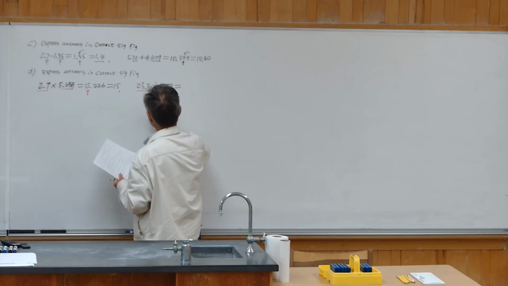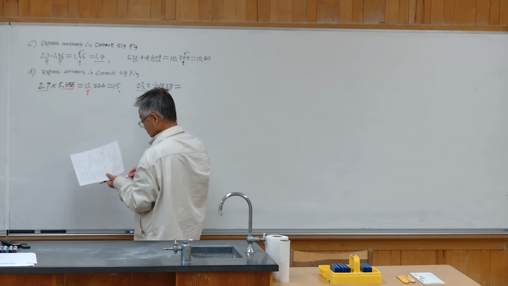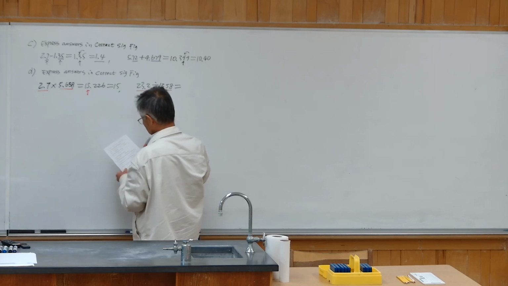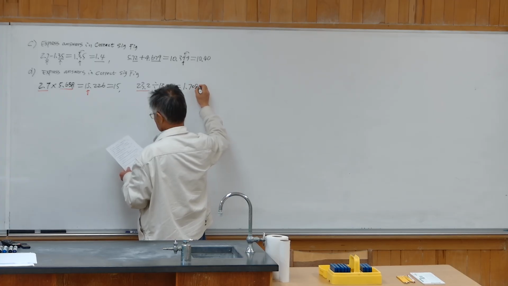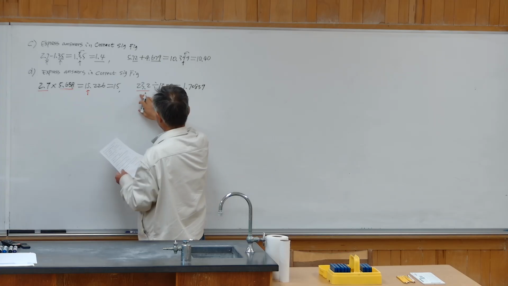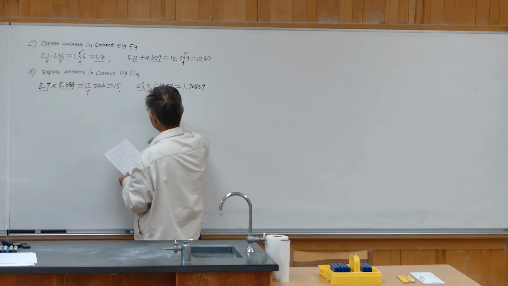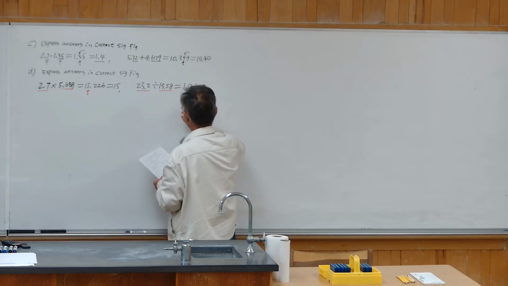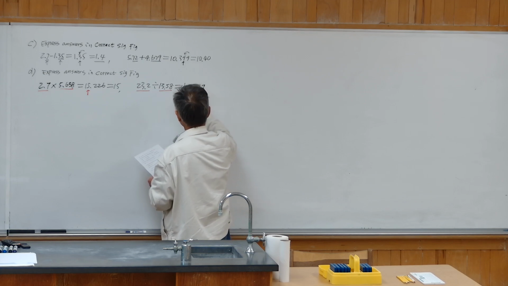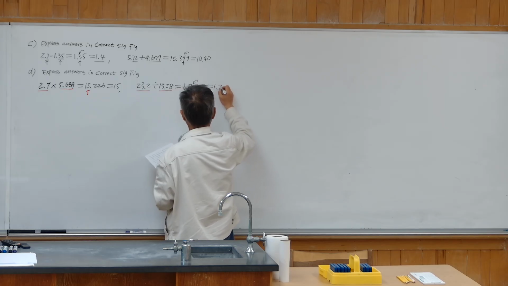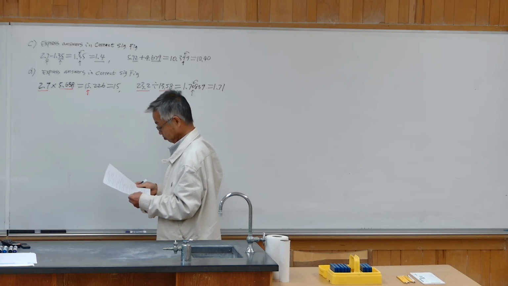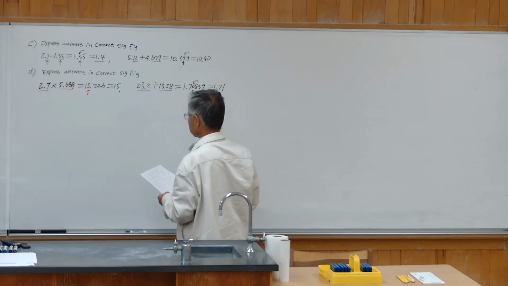This one has 3 significant figures and this one has 4, so the answer can only have 3 significant figures. The calculator gave you 1.70839. Since the answer can only keep 3 significant figures, 1, 2, 3, we should stop here. But the next digit is more than 5, so we need to round up. 0 becomes 1, so the answer is 1.71. This is your final answer.